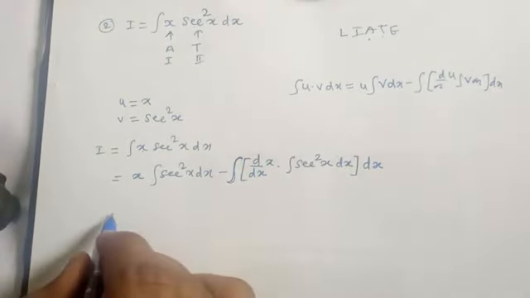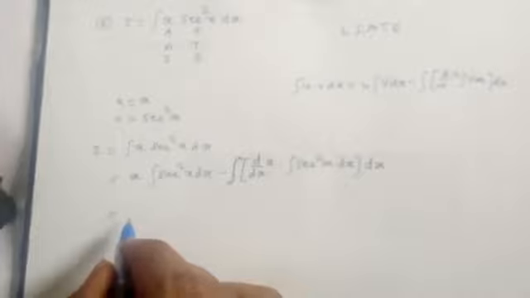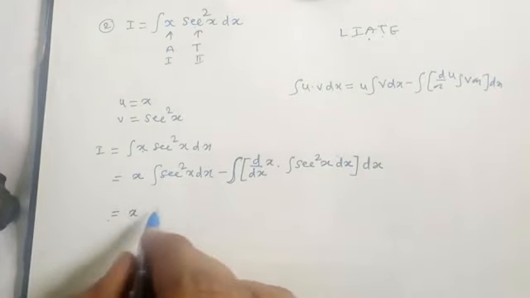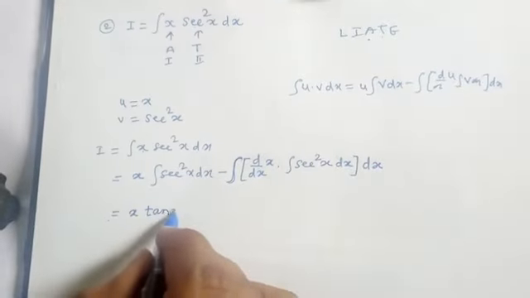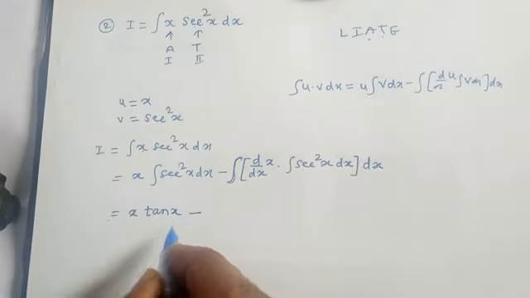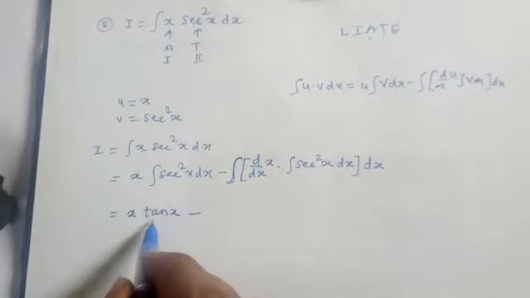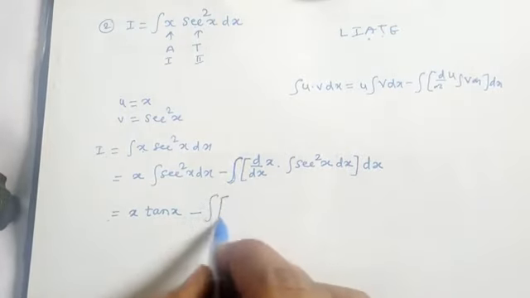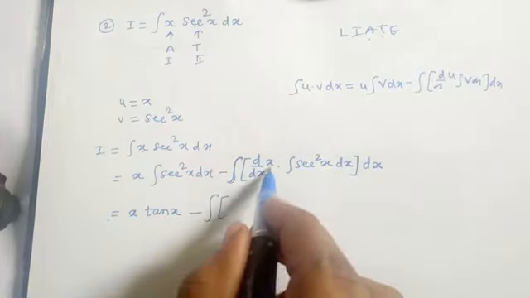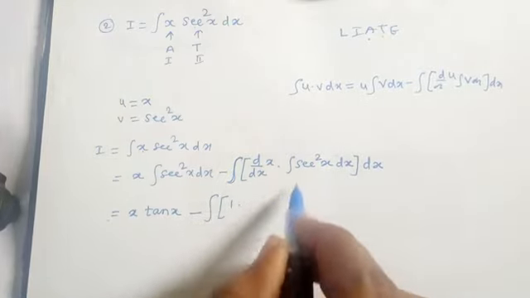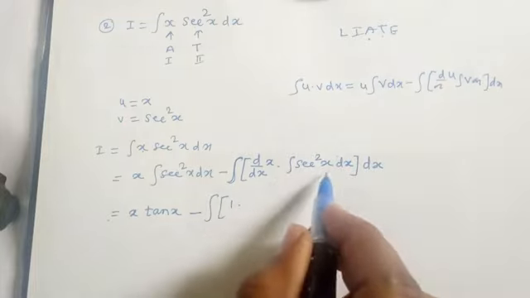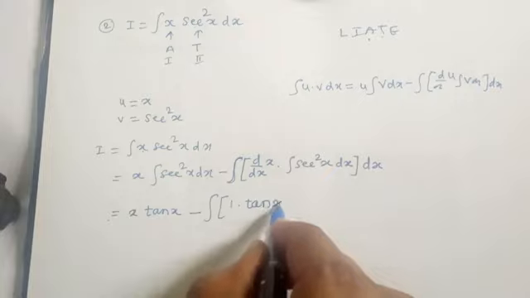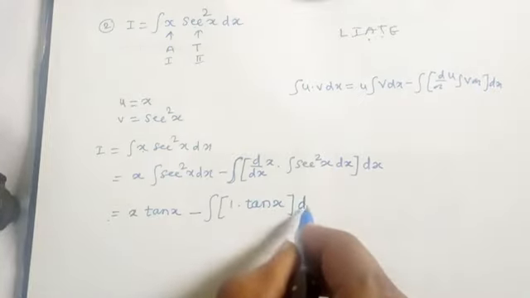So that becomes x as it is into, we know that the integration of sec square x is tan x, minus the integration of the derivative of x, which with respect to x is 1, into the integration of sec square x dx, and we know that the integration of sec square x is tan x, into dx.